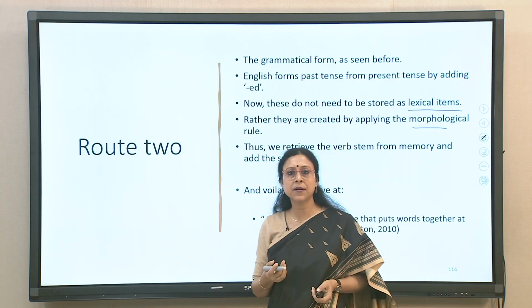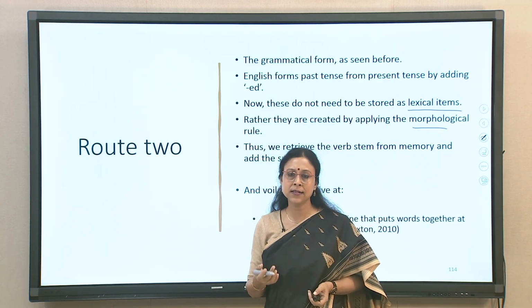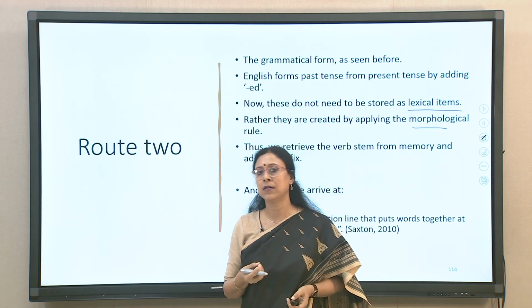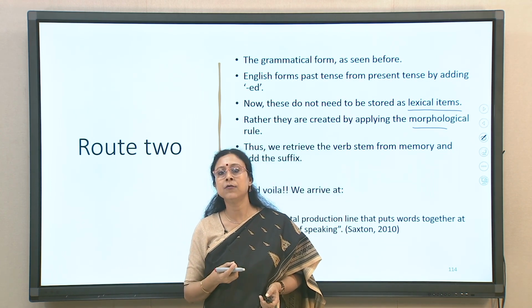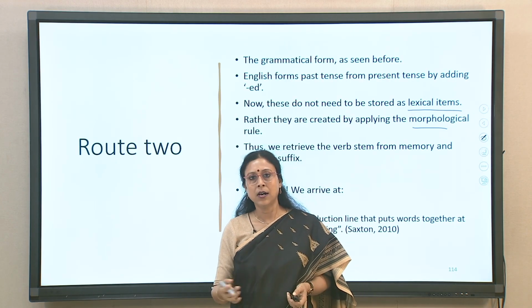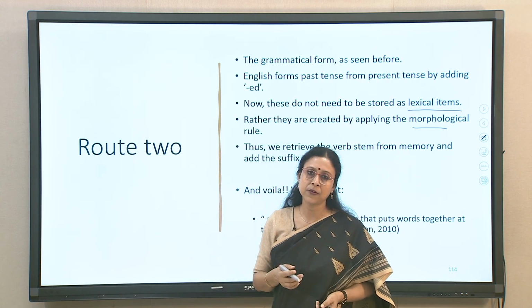So, we retrieve the verb stem from the memory and then add the suffix. We retrieve the verb from memory, say for walk, and then we use the rule that you already know, and then we create the past tense form. So, this is how we go.